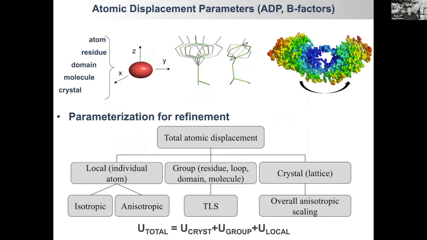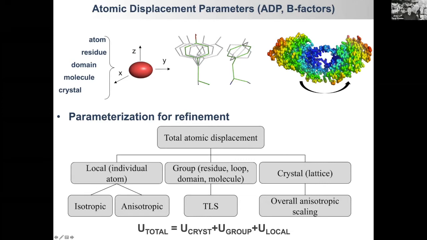Now, just a little bit more about B factors, because that will come to you eventually when you choose refinement strategies. Let's consider the side chain here. This atom can vibrate and move on its own.